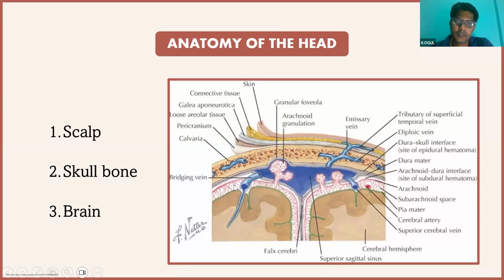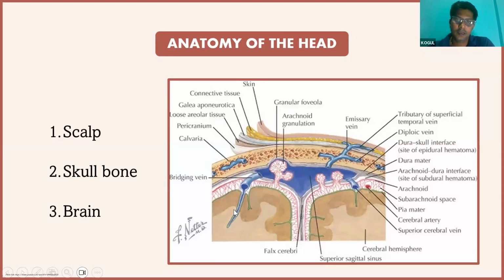Then the subarachnoid layer, a highly vascularized area, is seen below that. In between is the subdural space. Then below the arachnoid there is the pia mater, in green color, firmly attached to the brain surface. Between the arachnoid and the pia mater is the subarachnoid space.